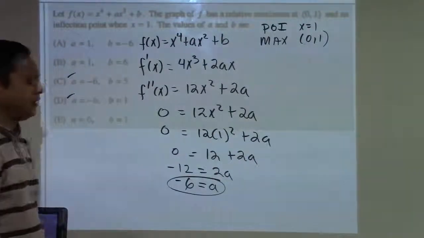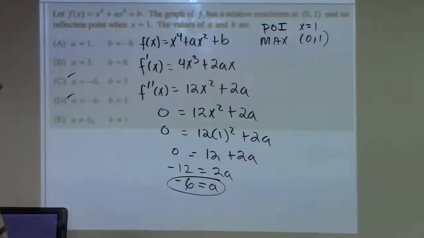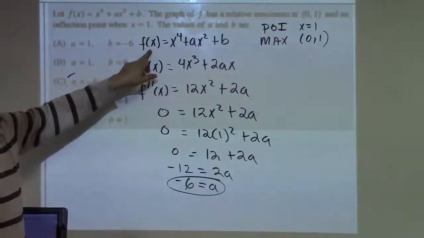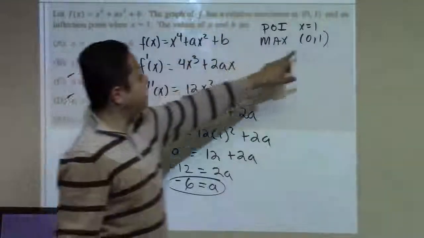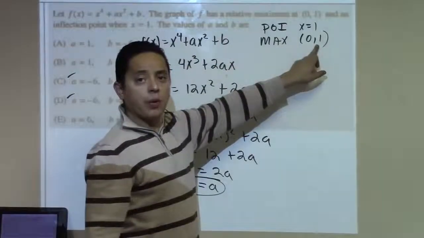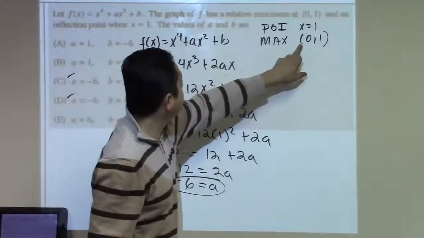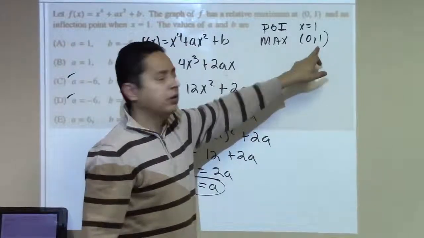Now, how can we get the b? Well, we can go to the original function. Right? There's a maximum at (0, 1). So (0, 1) belongs to this function right here. When x is 0, my y has to be a 1, regardless of whether it's a maximum or a minimum.